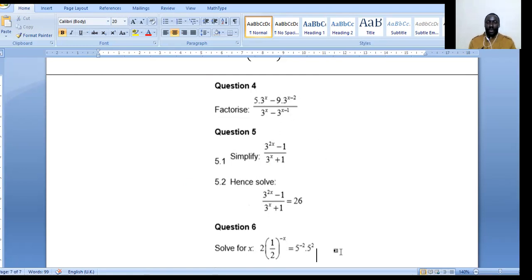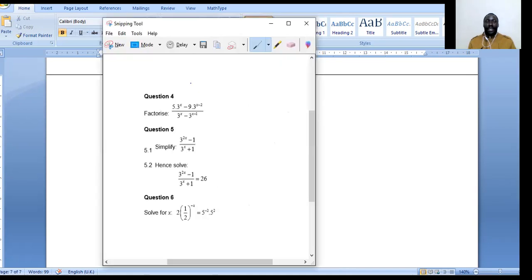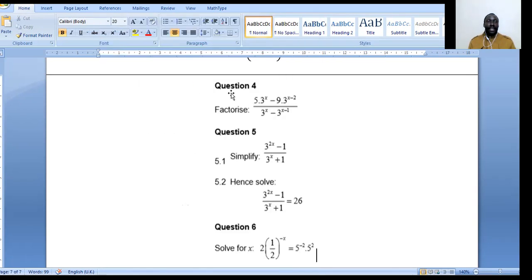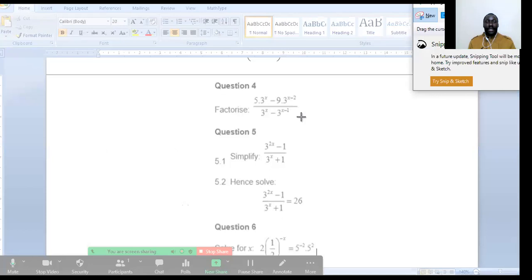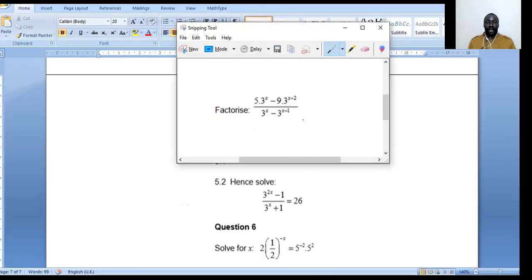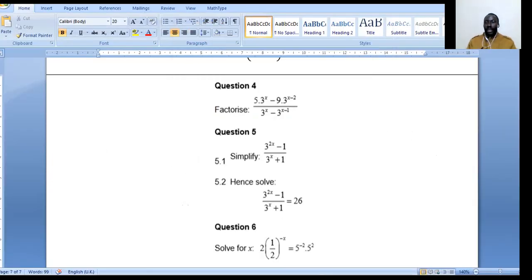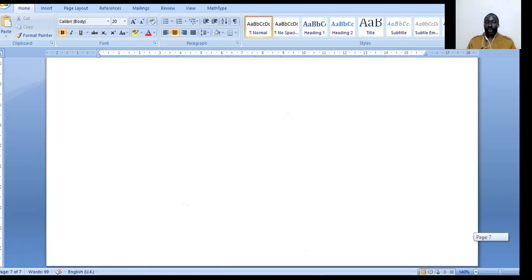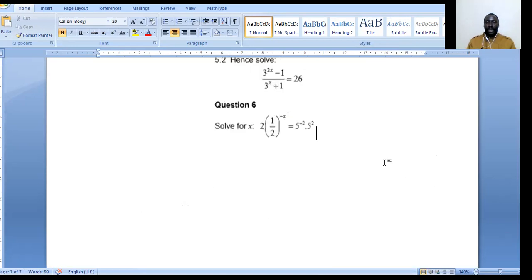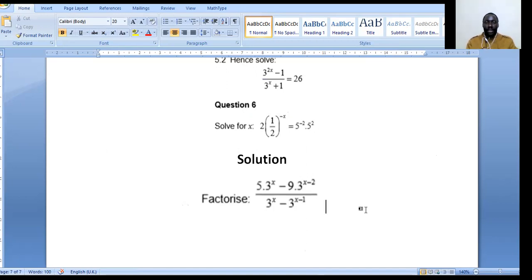Well, let's write this question separately as a question that we want to solve. We want to provide a solution. So this is what we have. We are supposed to factorize this. How do you factorize that?